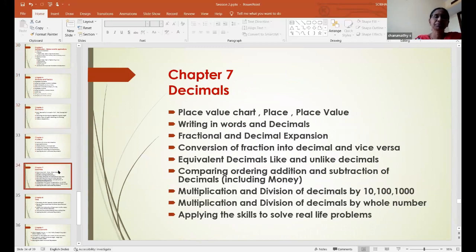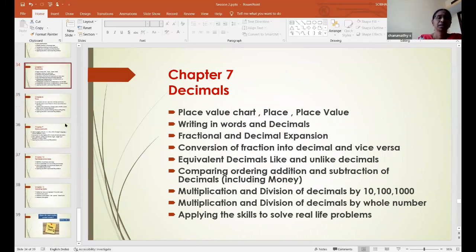Then comes the decimal topic, which is very important for them. We cover all the basic terms, place value chart, writing in words, writing in decimals, both expanded form in fractional and decimal way, conversion of a fraction into a decimal and vice versa, equivalent, like, unlike decimals, ordering, addition and subtraction.